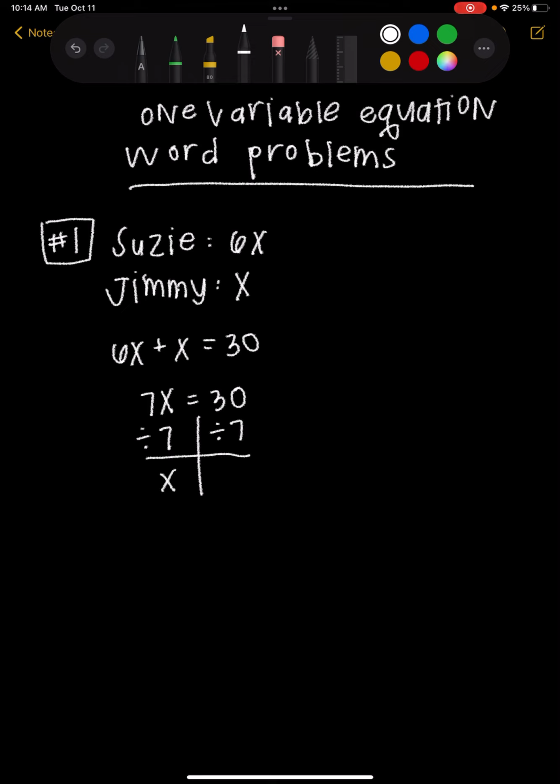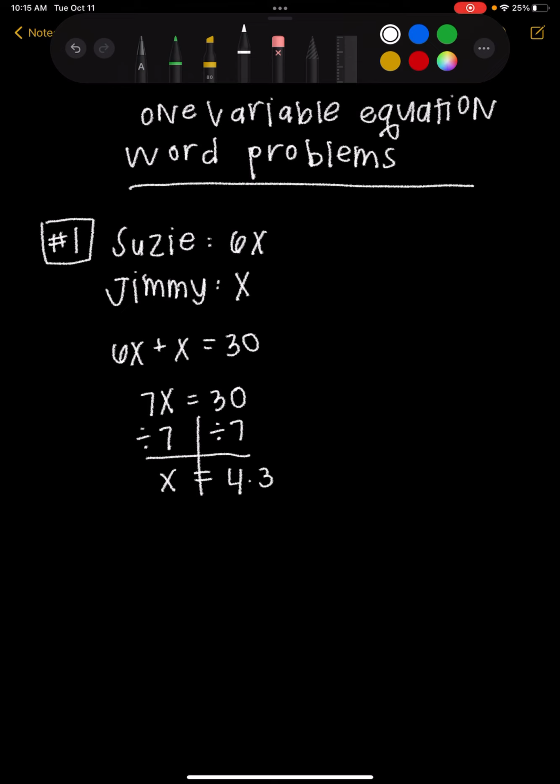And we get x is equal to, this is not going to come out clean, which is interesting because maybe somebody ate half a candy bar or something, but that's okay. The ones on your self-checks will come out clean. This gives me, we're going to just round it to 4.3. So x is 4.3.